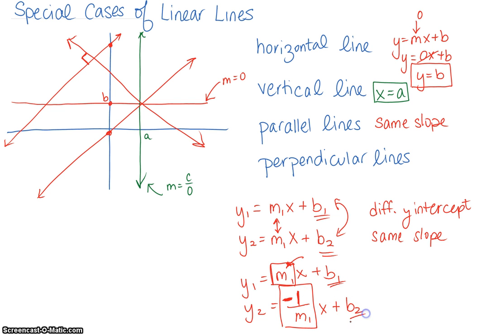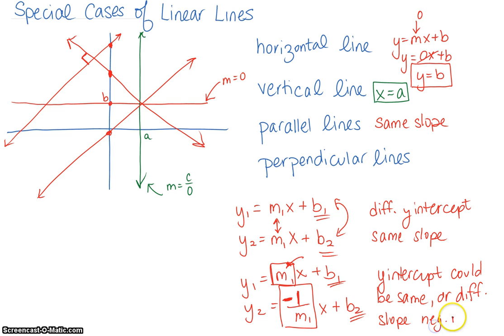Now the slopes have to have that property, but the y-intercepts could be the same, but not necessarily. These two have two different y-intercepts. So there's no way of saying what the y-intercept is going to have to be based on them being perpendicular. They might be the same, they might be different. The y-intercept could be the same, but not necessarily, whereas the slopes are your negative reciprocals.